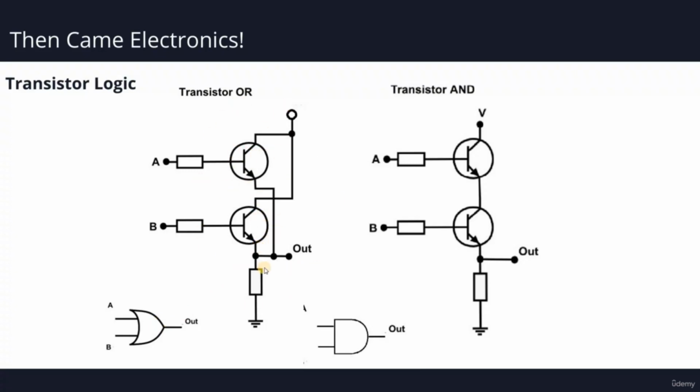Transistors are connected with each other in this form right here. Same thing at the end. Whenever you see this symbol, this is an AND gate, which is the same as two switches in series. If you go inside it and take a look, you're going to get a topology that looks like this or similar to this. So this is a black box encapsulating this type of logic for the OR and here for the AND.